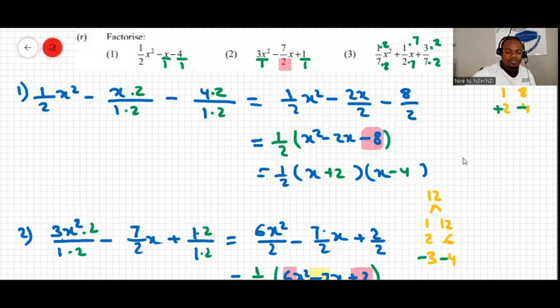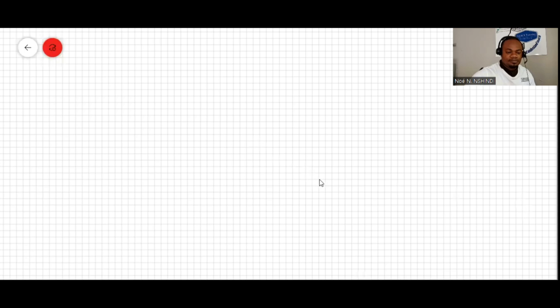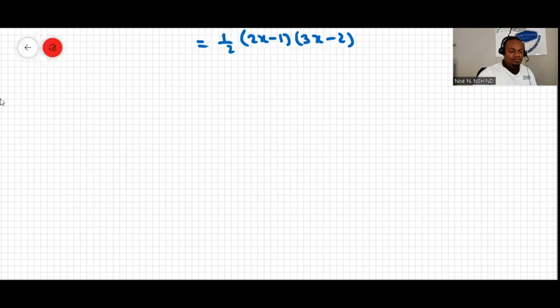So I can write here question 3: 1/7 x squared plus a half x plus 3/7. So we multiply here by 2, and also by 2, here by 7, and also by 7, and here by 2, and also by 2.